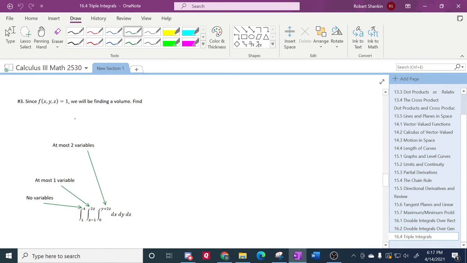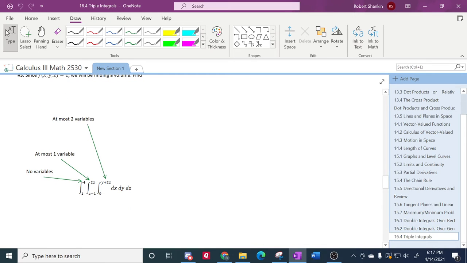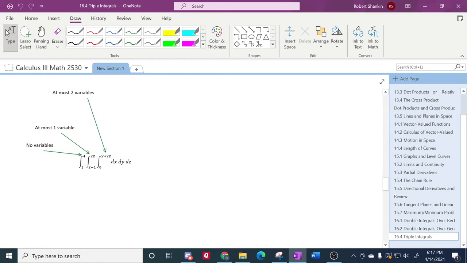But in general, in the outermost integral, no variables are allowed in the limits. In the next, only one variable is allowed. And then, at most, 2 variables are allowed in here. All right, so let's figure out how to work this out.